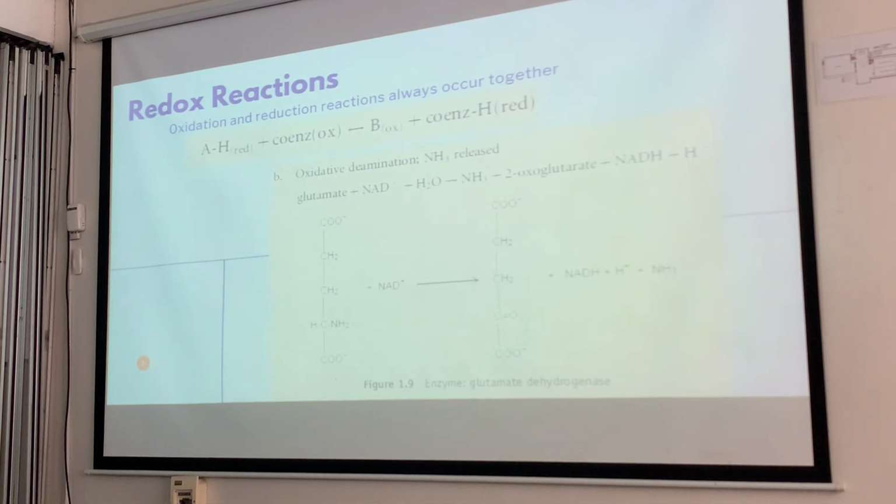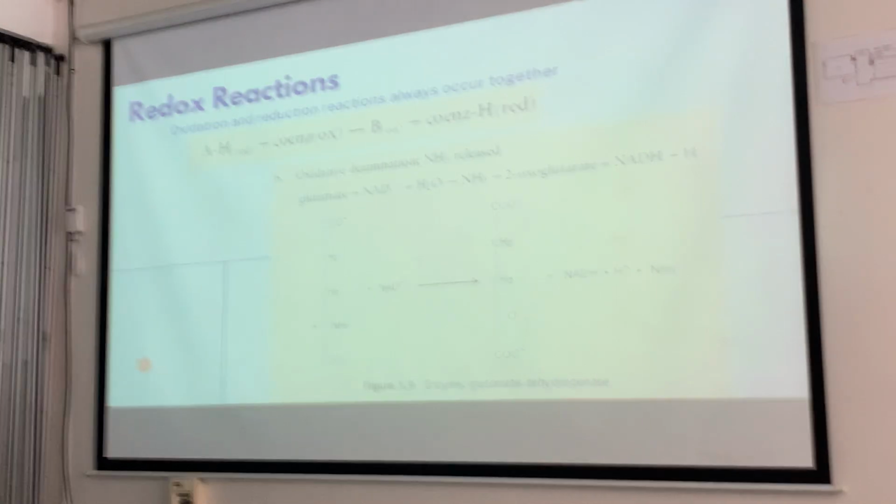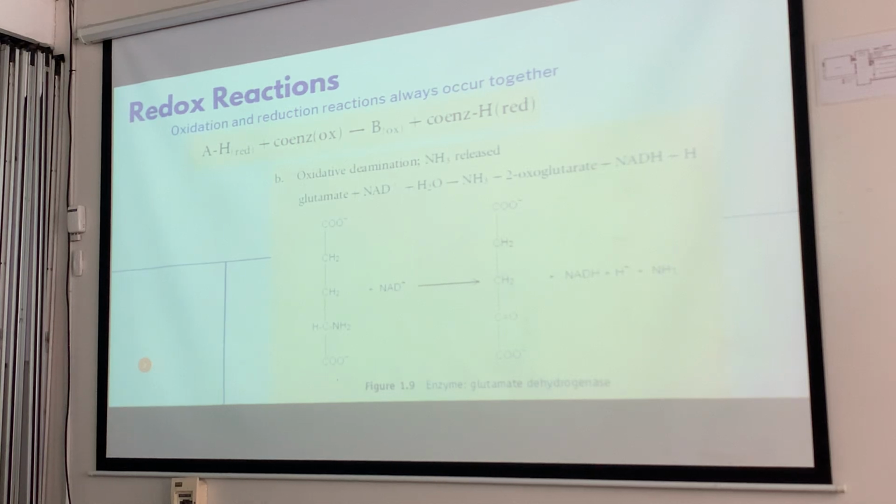Okay, another redox reaction. This time it's glutamate dehydrogenase. So this case is the oxidative deamination, wherein ammonia is released. So your glutamate here will have this reversible conversion of glutamate to alpha-ketoglutarate and ammonia.